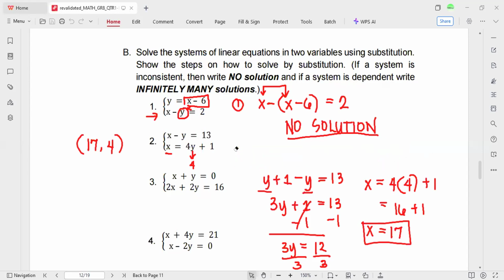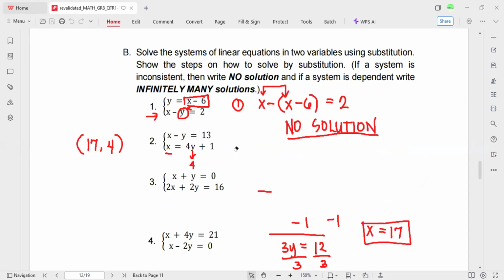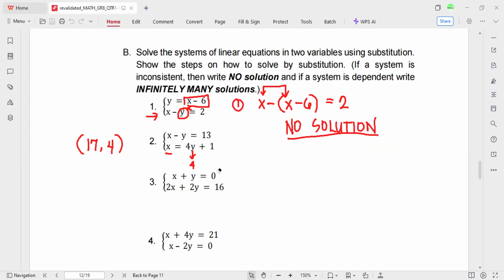Okay, next, number 3. So we get x plus y equals 0 and 2x plus 2y is equal to 16. Let's rearrange first the first equation so that we can have the value for one variable. So x plus y equals 0, we can write that as x is equal to negative y.